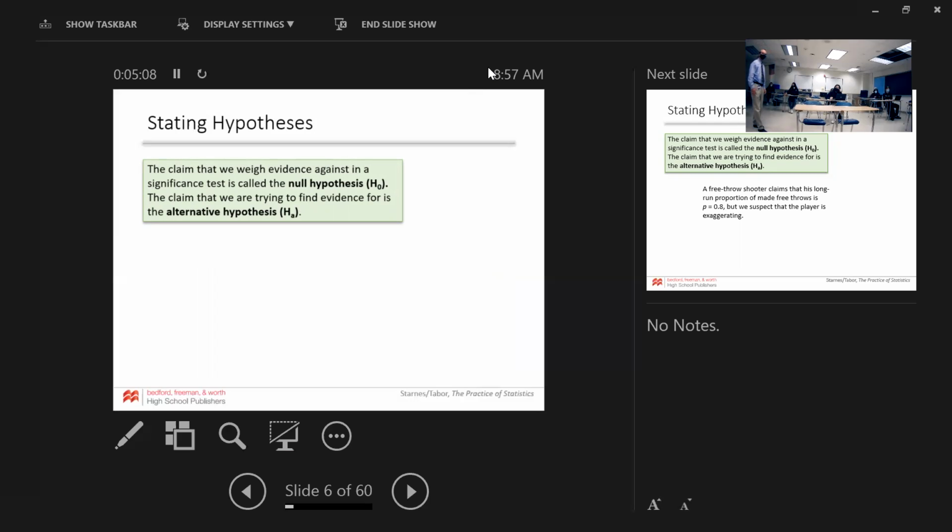The null hypothesis is what we're testing. H sub 0 is the null hypothesis. Either we confirm that, or we find evidence that the alternate hypothesis is true. One or the other.